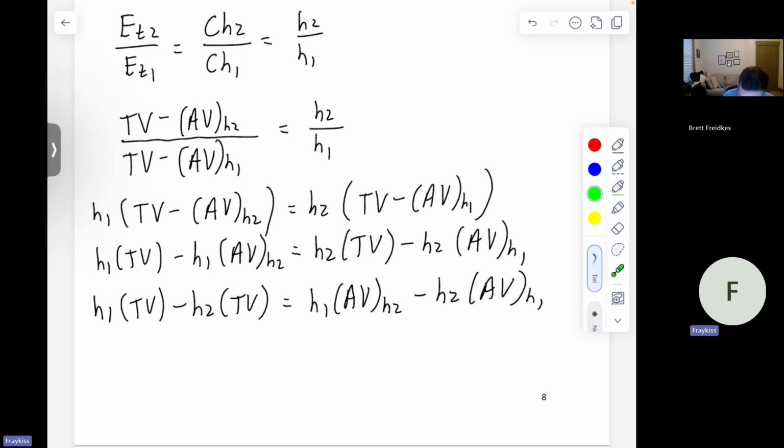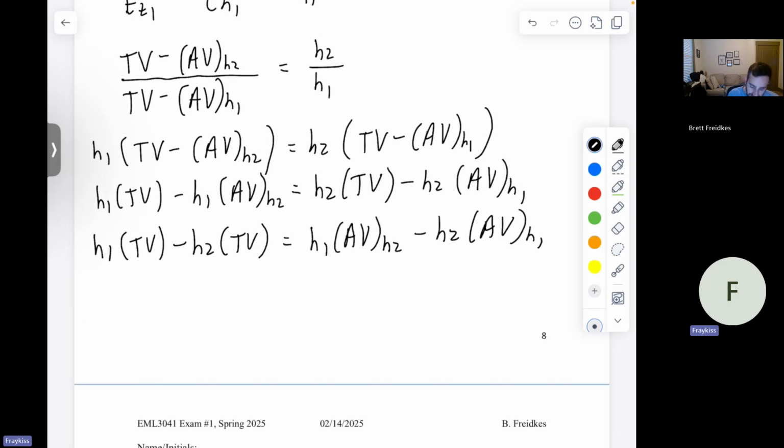Let's double check to make sure we did that correctly. I'm going to bring this term over to the other side. So I subtract it. That's what gives us this. And then this term I'll add to the other side. That will give us H1 times the approximate value at H2, minus this term, which hasn't changed. If I factor out the true value, I will get H1 minus H2 equal to all that stuff.